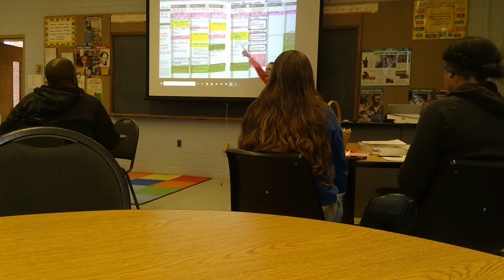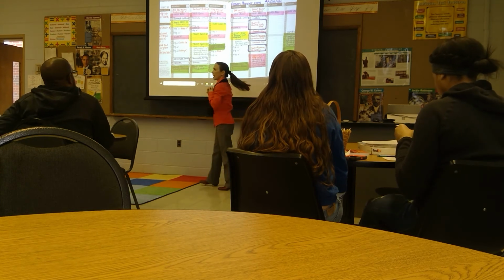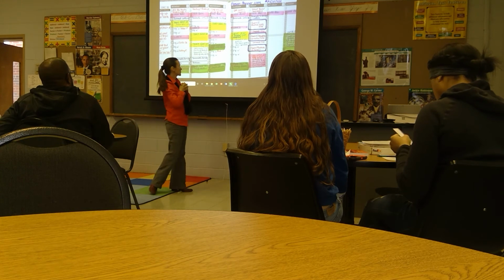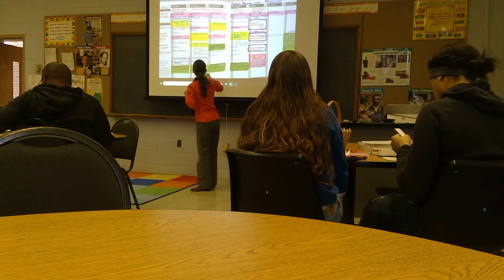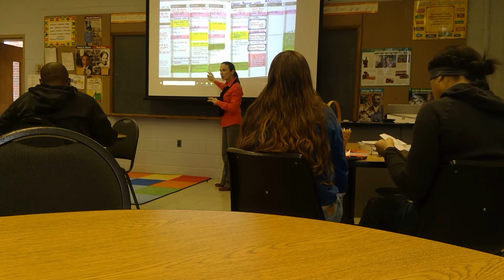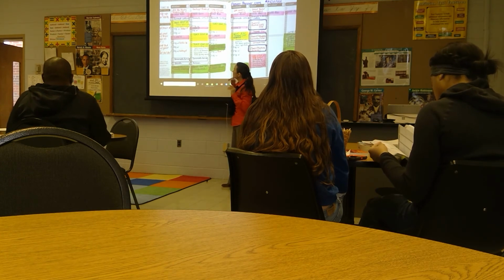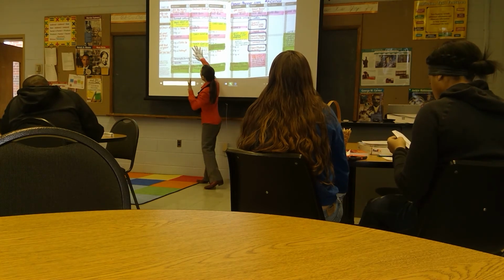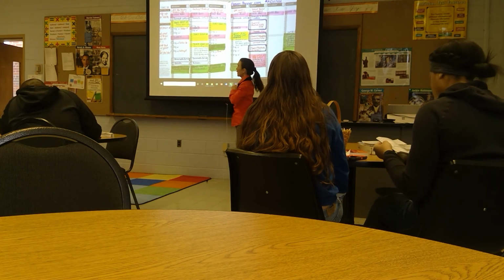What looks different about mine versus a regular calendar? Right off the bat. Color coded. It's color coded. Look, it's blocked. I call this time blocking or color blocking. So all my classes that I teach are in yellow.